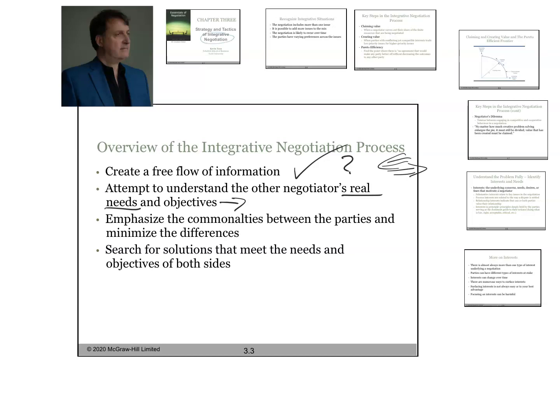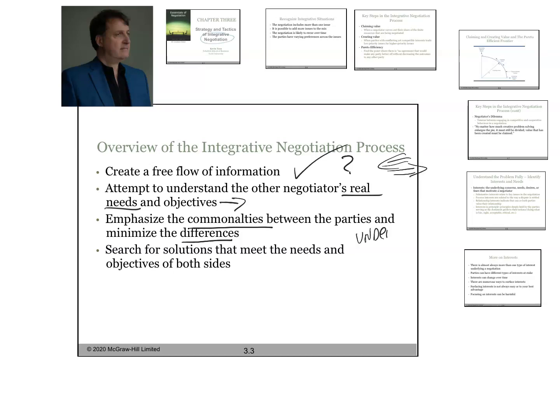It's important to emphasize the commonalities between the parties and minimize the differences. And what does this mean? Well, we'll get into it a little bit later, but essentially what we're trying to do is close the gaps and bring parties together. And it's not necessarily about upfront compromise and rushing through it and just splitting things down the middle. This is about understanding.